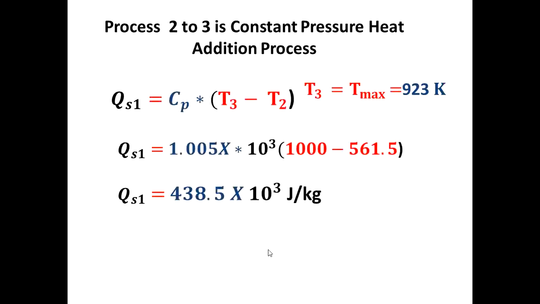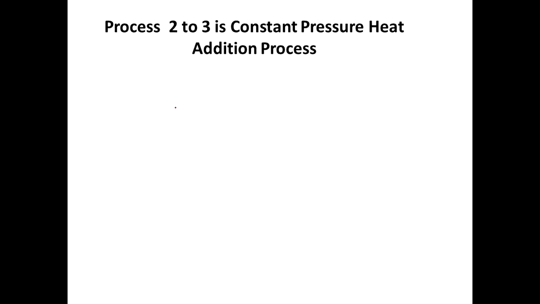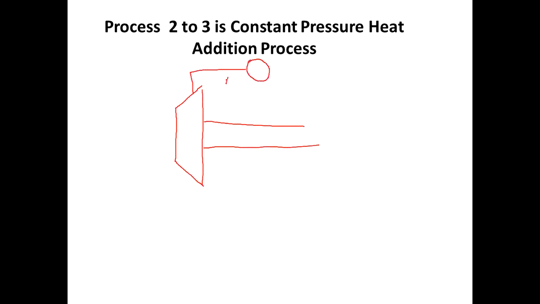Process 3 to 4 is a constant reheating process. In the constant reheating process, how will it happen? Let me explain. This is turbine 1, the high pressure turbine. From the shaft you have the fluid which comes out with the temperature T4. You will raise this to the maximum temperature only, that is T3 is equal to T5.